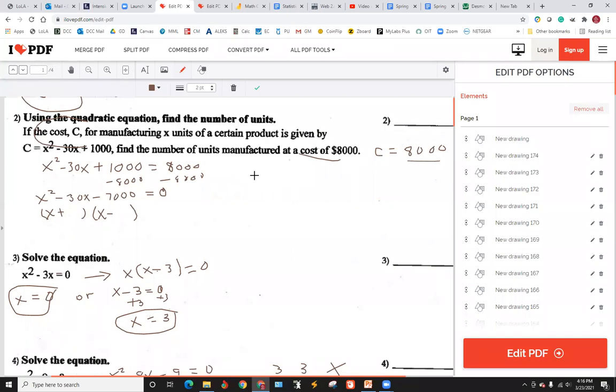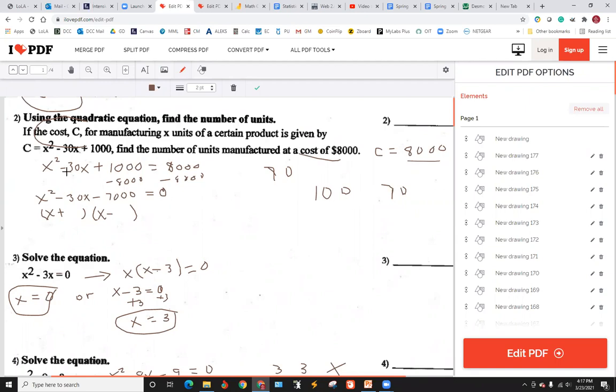So let's see. I think if we just kind of think in terms of 70, so 10, so that means 100. So 10 times 7 is 70. So that would be 170.